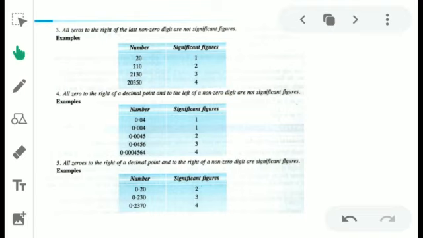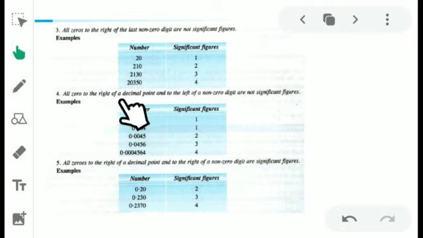Next, all zeros to the right of the last non-zero digit are not significant figures. 20, that is one significant figure. 210, that means this is a non-decimal number, and the zeros at the end are not significant.